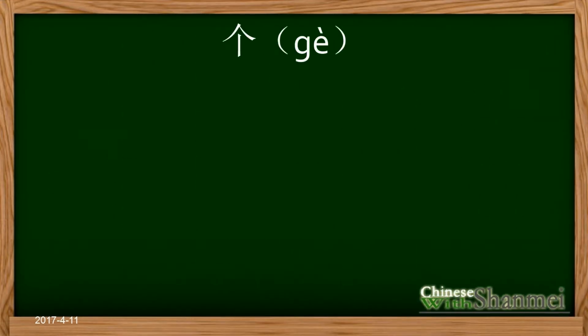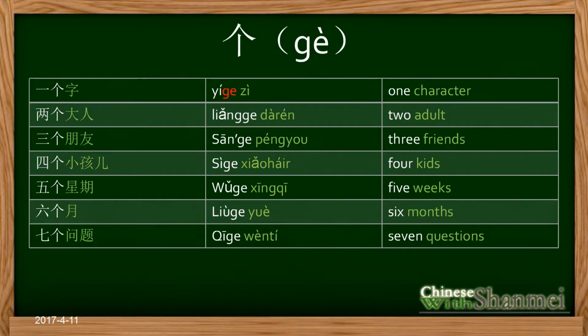First, let's take a look at 个. Please pay attention that when 个 is used as a measure word, it is pronounced as neutral tone.